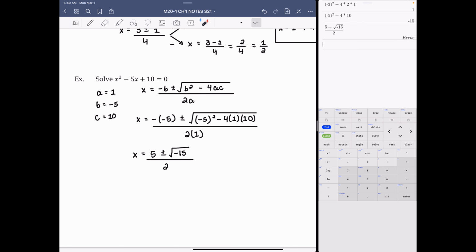If we were to put a minus on the top, so 5 minus the square root of negative 15, all divided by 2, we get an error again, because we can't take the square root of a negative number. Can't square root a negative. This means that there is no solution.